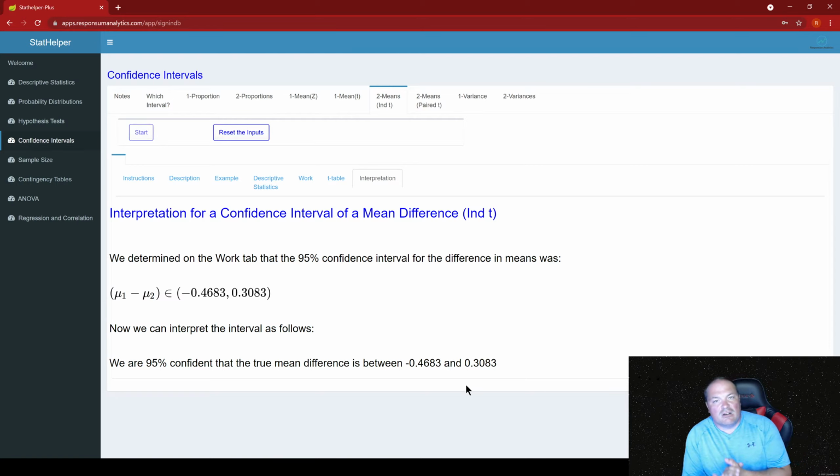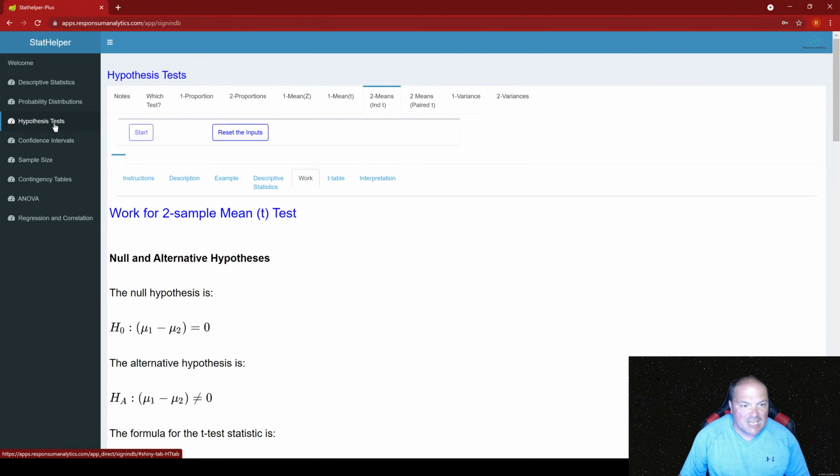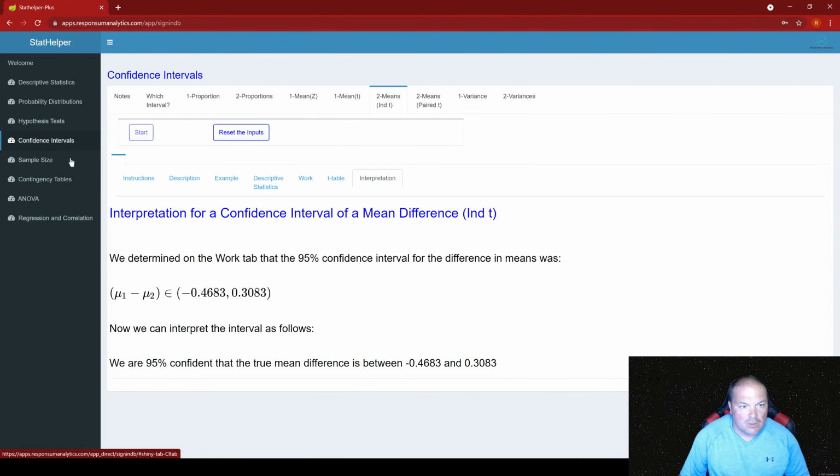So for an interpretation of a confidence interval, you need two things: the level of confidence and the range. If you're asked to decide on a hypothesis test, you find your hypothesized value, which was 0, and see if it falls in the interval. If it does, you fail to reject. If it doesn't, then you reject.